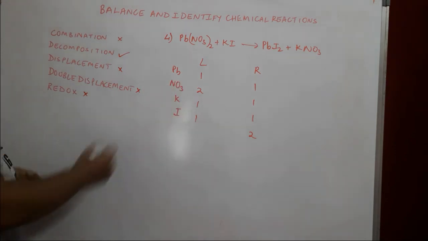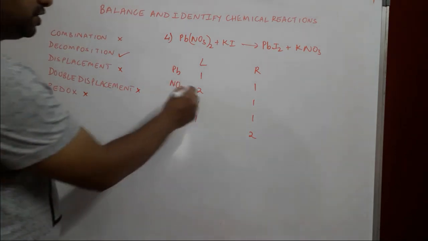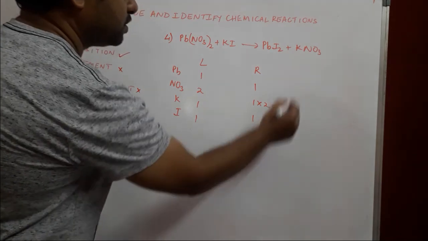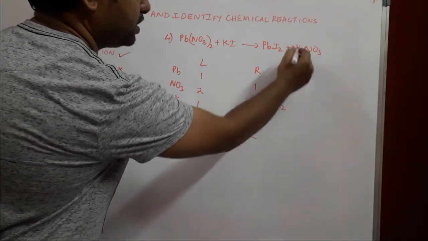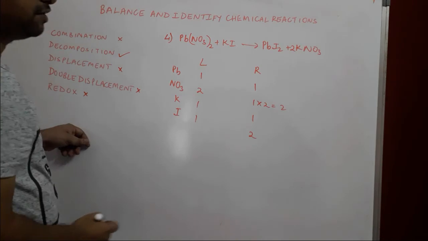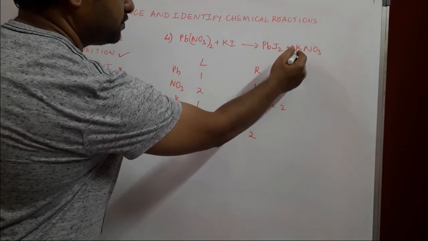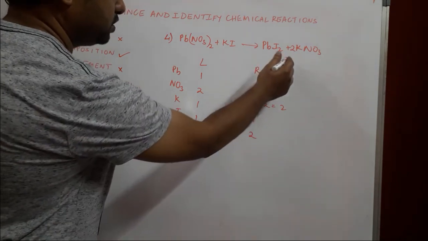So we'll begin with nitrate over here. NO3 is 2, so to balance this we'll have to multiply by 2, which means we'll have to put 2 in front of KNO3. When we do that, the number of atoms of potassium changes from 1 to 2 on the product side.